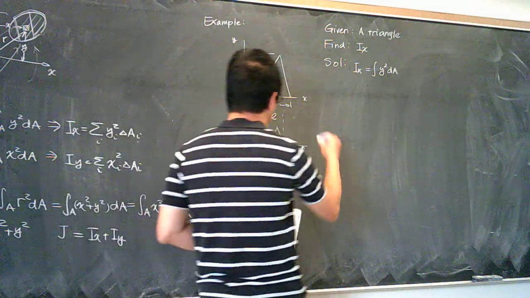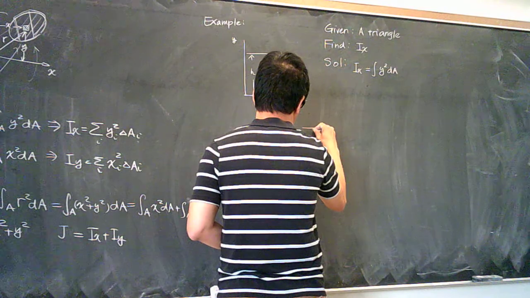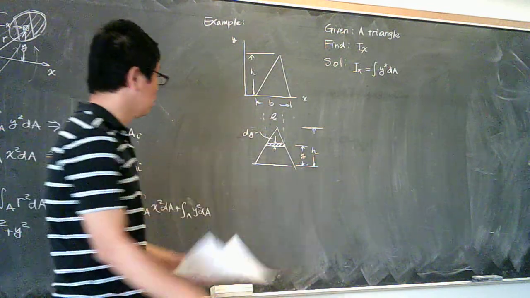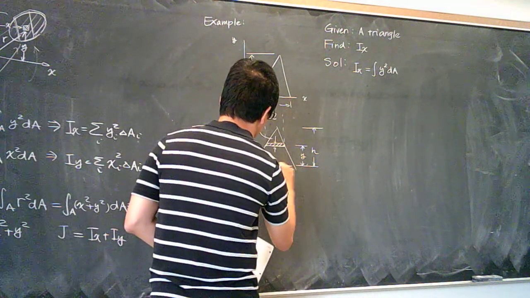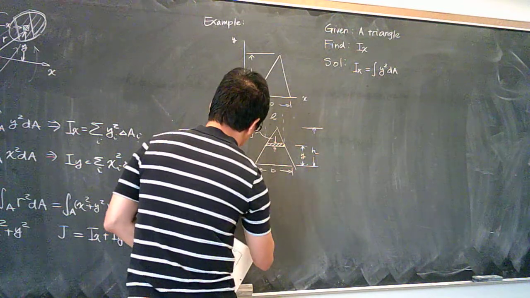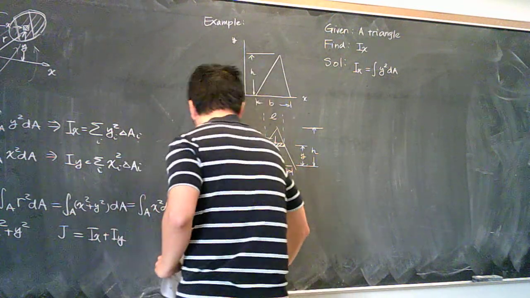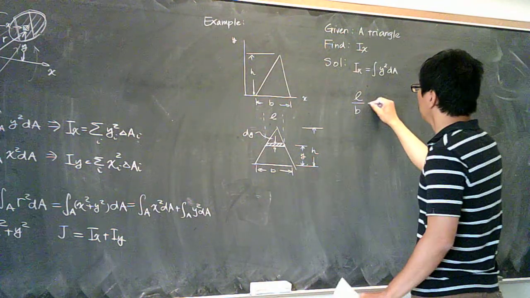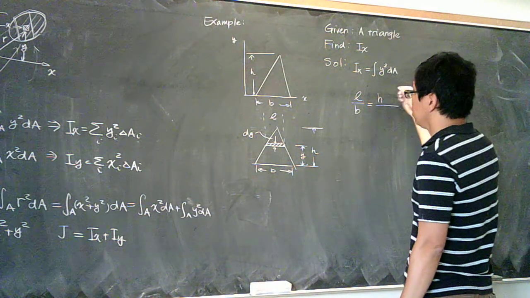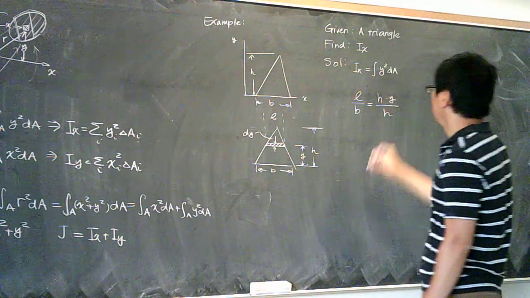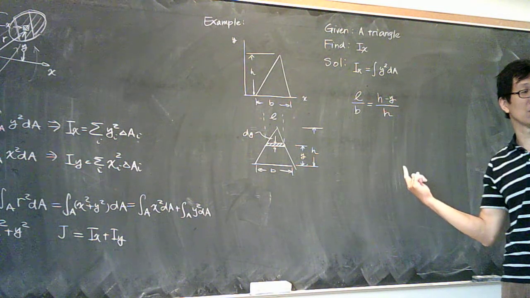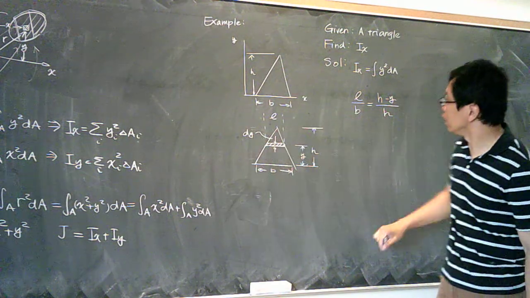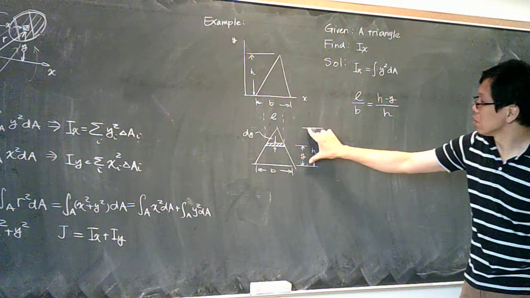It's actually a relationship, because we know this one is y. L over B is actually h minus y over h. That's a triangular relationship. This is just the geometry method, nothing fancy. The ratio between this one and this one is this one with this one.